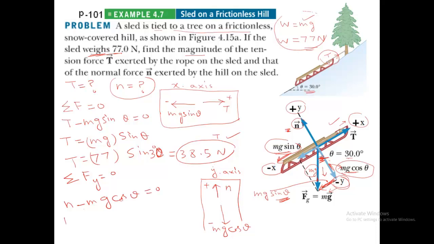I take this to the other side, it will become positive: N equals mg cosine theta, 77 cosine 30, you would get 66.7 Newton.